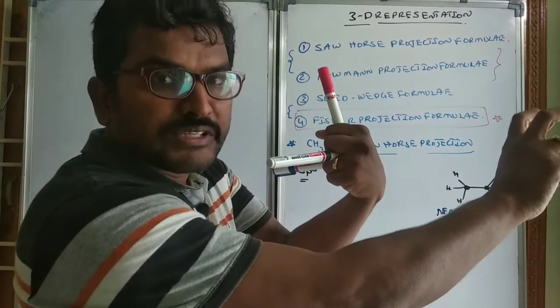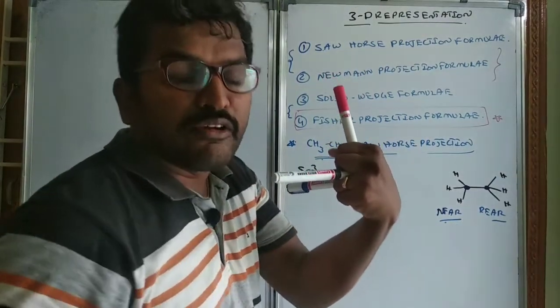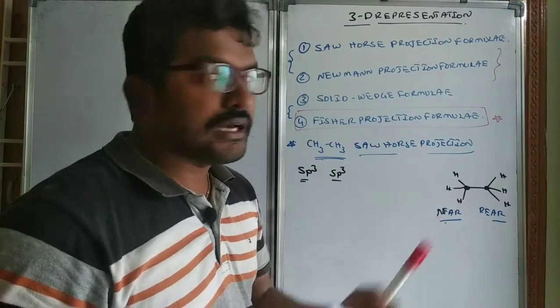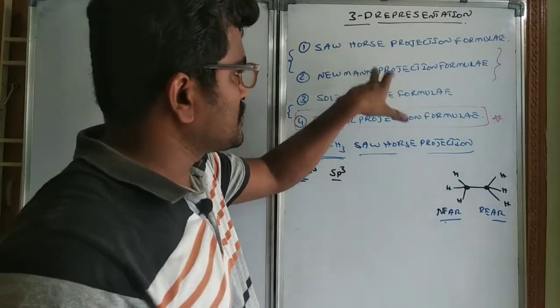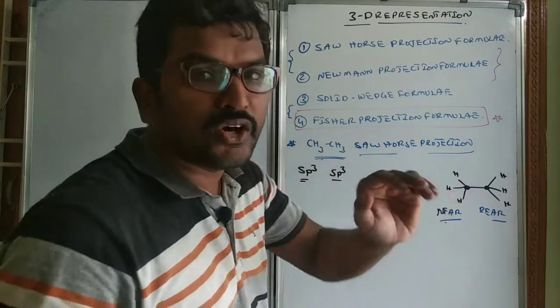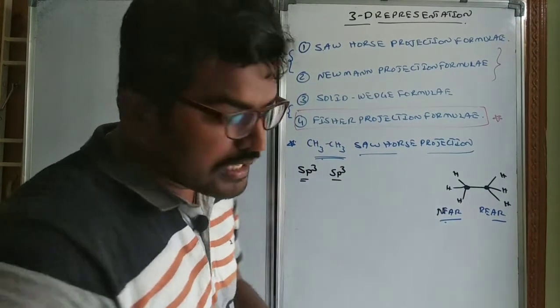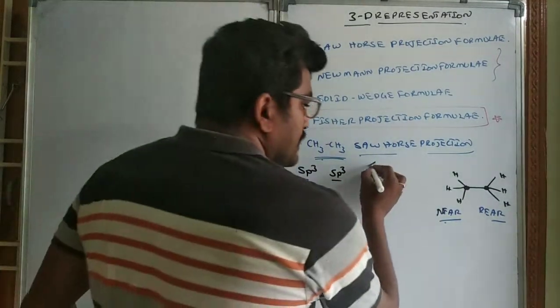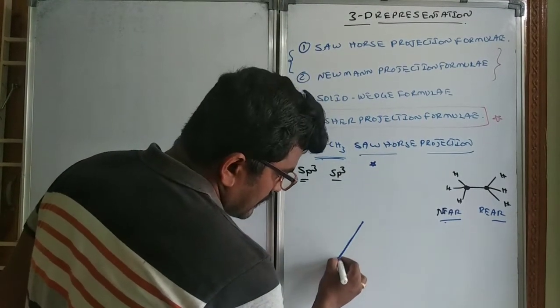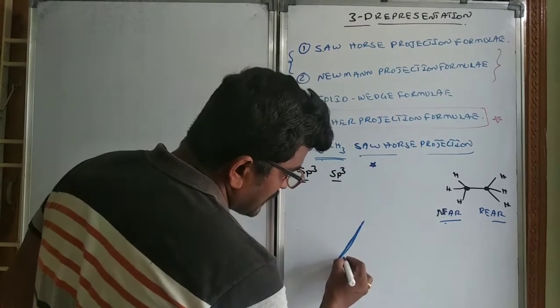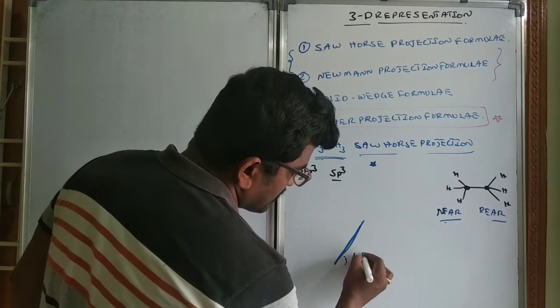The other carbon away from the viewer is the far carbon or rear carbon, as we call it. In every Sawhorse or Newman projection, we concentrate on the near carbon and the rear carbon. In the Sawhorse projection, we will draw a vertical line which makes an angle of 45 degrees.